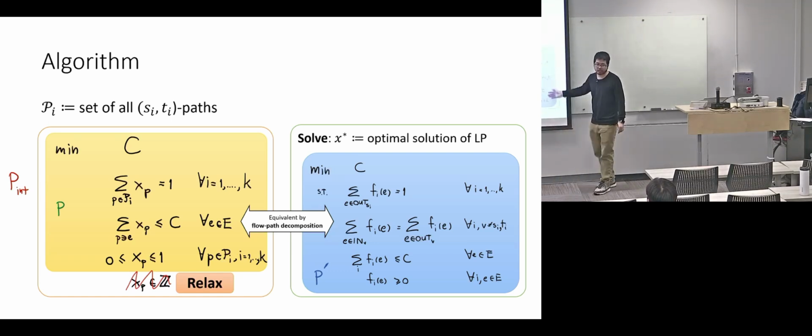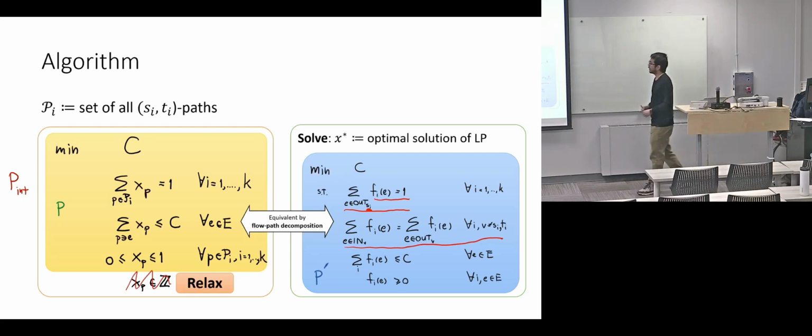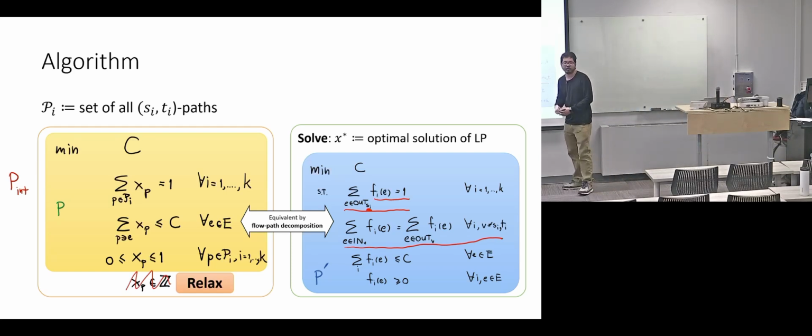Okay, so let's go through this a bit. What is this LP? This is an LP which says that I have the flow value on each edge. Flow i on edge e is some number. And here I want to send out one flow value out of Si. And then I have the flow conservation constraint like before, like in the flow problem.